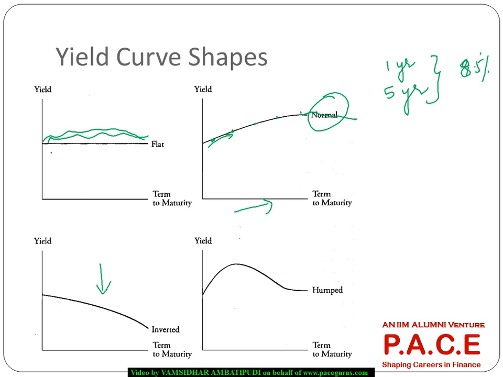Sometimes it could be decreasing, which is an inverted yield curve. Probably some time back you could have observed, or even today you will observe this. You do a 1 year, 2 year FD, the interest rates are higher. You do a 5 year FD, the interest rate will be lesser.